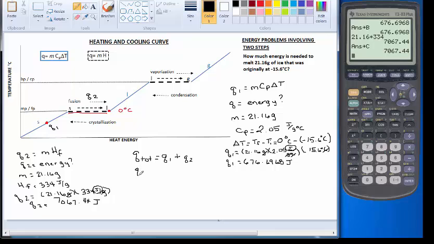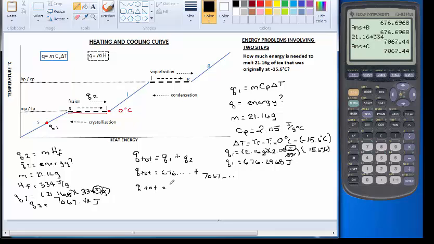So Q total is equal to Q1, which we said was 676, plus all of the decimals that came after it, plus our Q2, which we said was 7,067, and all of the decimals that came after that.